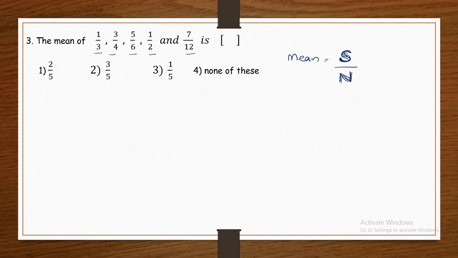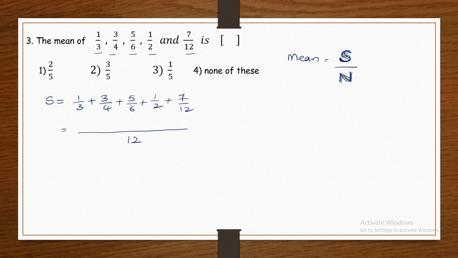If I want to find the sum of observations, I need to directly add these values: 1 by 3 plus 3 by 4 plus 5 by 6 plus 1 by 2 plus 7 by 12. Since all these fractions are unlike fractions, I need to take the LCM, which is 12.